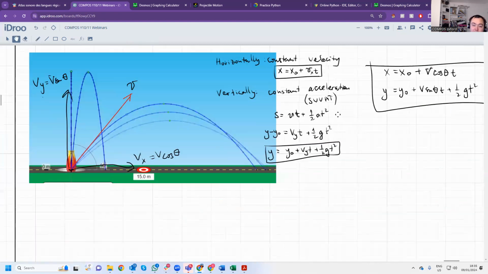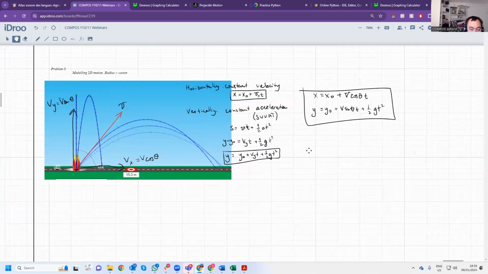This is a general equation that works for any projectile.